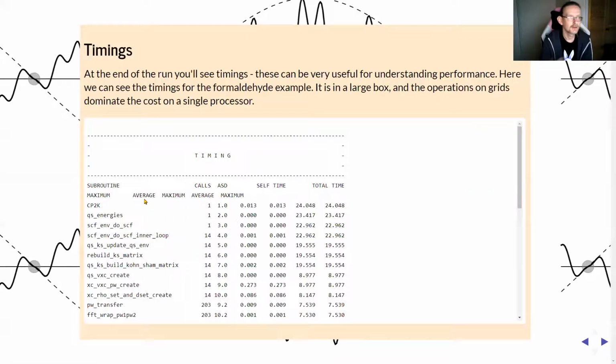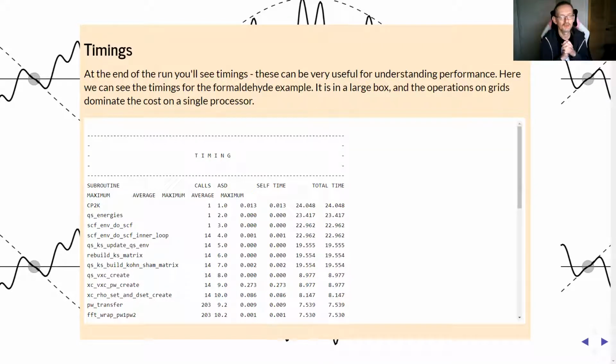The other thing you'll see at the end of an output file is a set of timings for the different routines, and this can be quite important for understanding what's going on. So in this case, you can see the building of the Kohn-Sham matrix is taking up a large amount of the total time. So this means that it's perhaps quite a large system in terms of space.